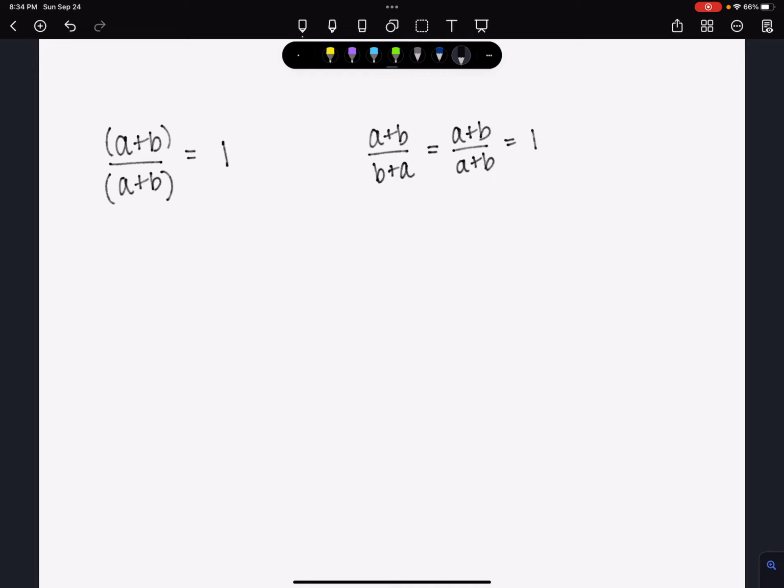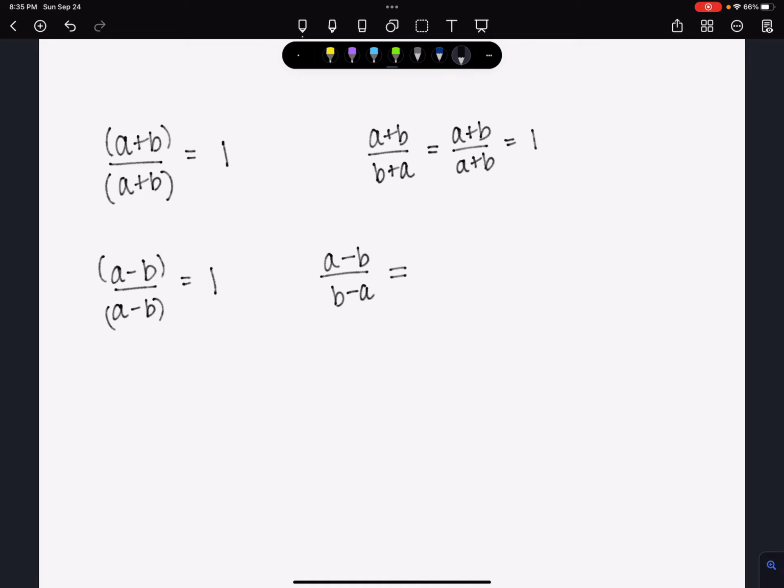But once I start using subtraction, and I have a minus b over a minus b, that's the same thing, but a minus b over b minus a is not equal to 1.